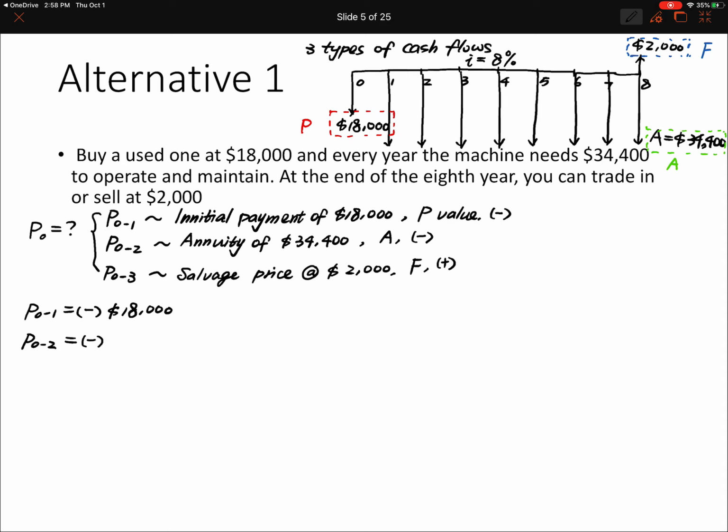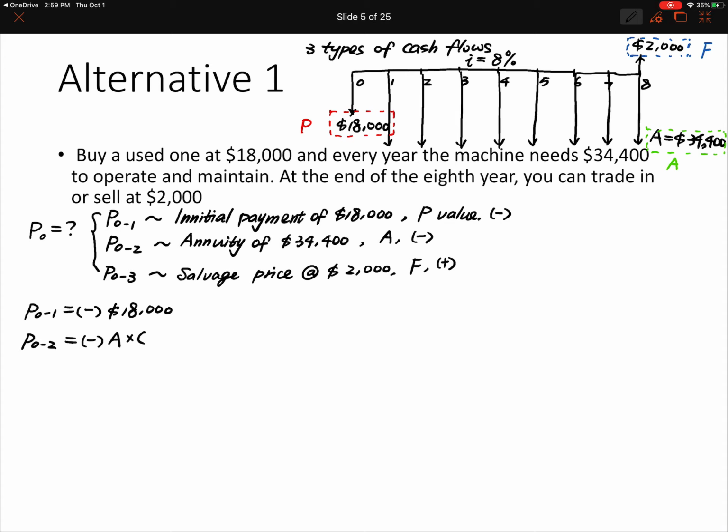Okay, and P02 is from the annuity. Okay, first it's negative. It's from the annuity, which means you are looking for a p-value given annuity, right? At the interest rate of 8%, and the compounding period is 8 years.